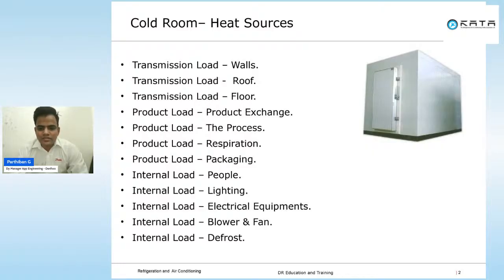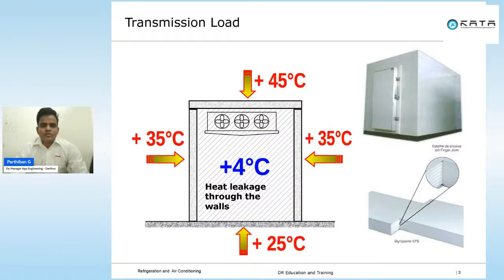I'll start with transmission load. Transmission load is the heat transmitted from the outside atmosphere to the cold storage because of conduction, convection or radiation. If you take a cold storage, on this screen you can see a cold storage maintained at plus 4 degrees Celsius, whereas outside, in the ambient region, the temperature is higher than 4 degrees Celsius.